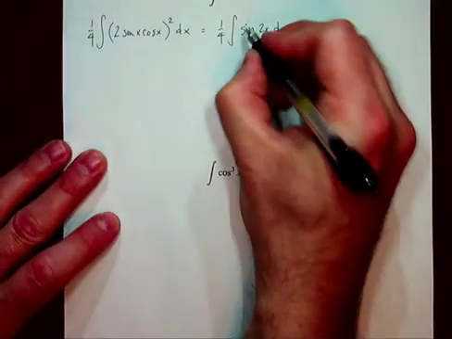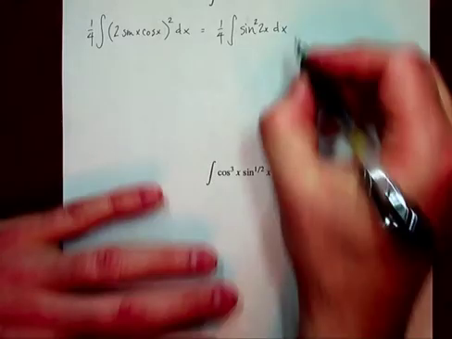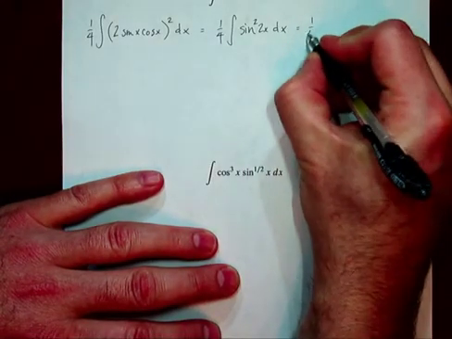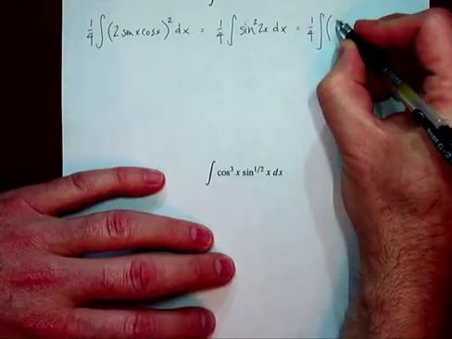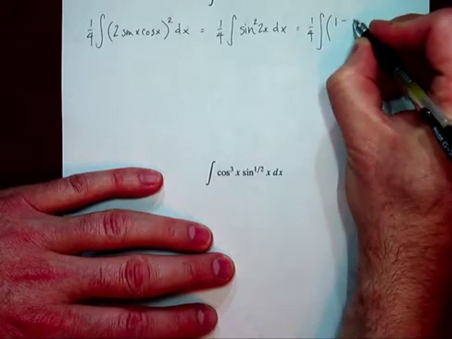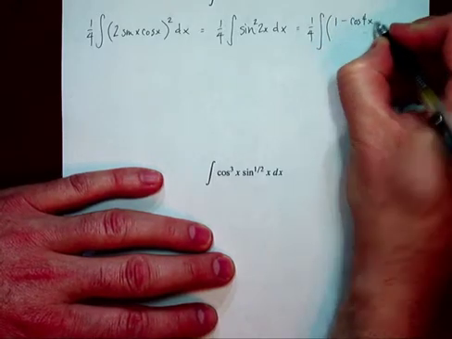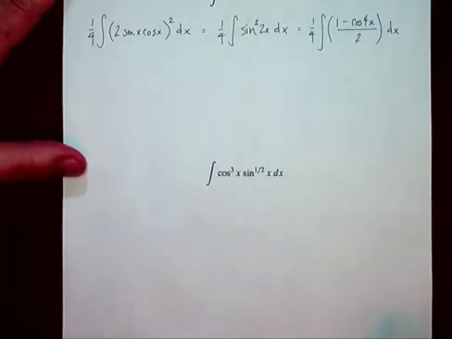Now from here I can use the power reducing for sine, and I'm going to get 1/4. And remember that the power reducing for sine is going to be 1 minus cosine of 4x, all of that over 2 dx.